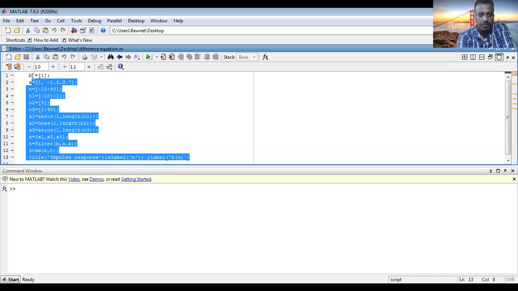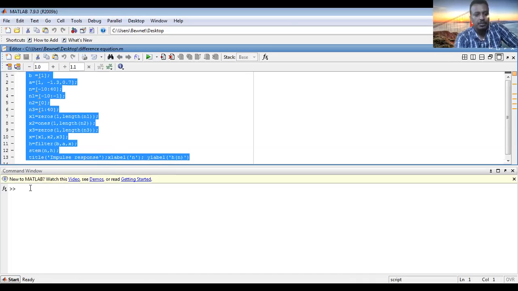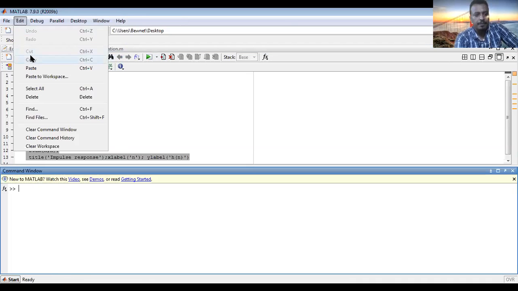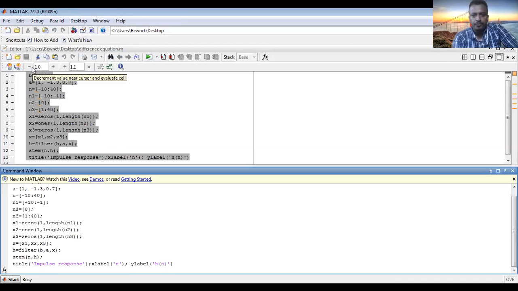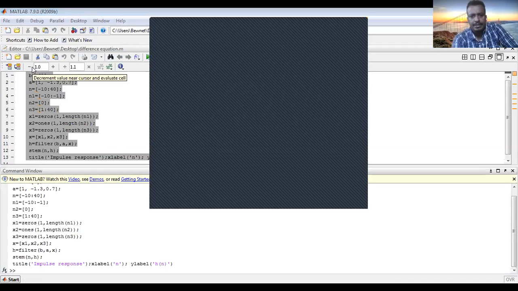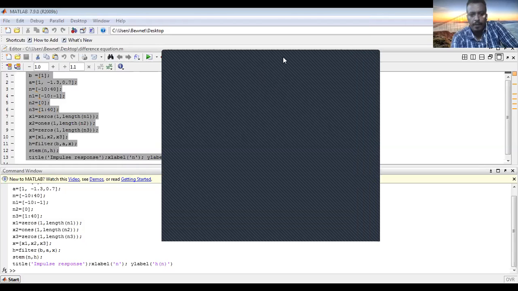So let's run this program. This is the editor window. In order to run, I have to copy it, take it to the command window, paste it here, then press enter. So we'll see the response here.